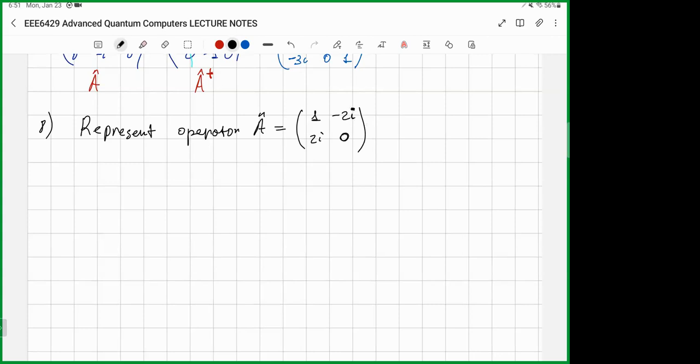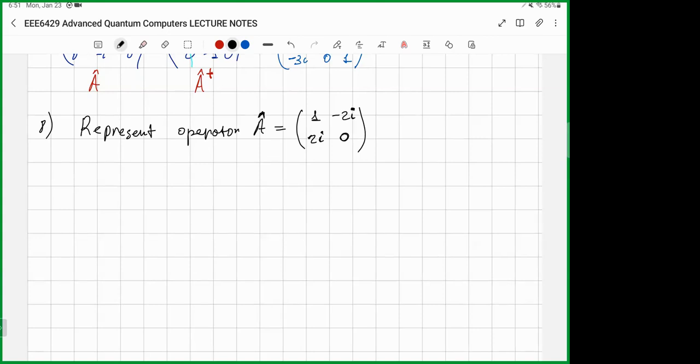Is it Hermitian or not? If you transpose, you will get plus here and minus here on the off-diagonals, and then complex conjugate, so it will be exactly equal to this operator A. So this operator is Hermitian.